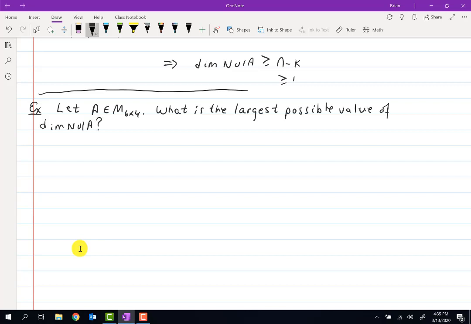So let's see what we have here. A is in M 4 by 6. So we know that if I take the rank of A plus dim null A, that is supposed to equal 4.